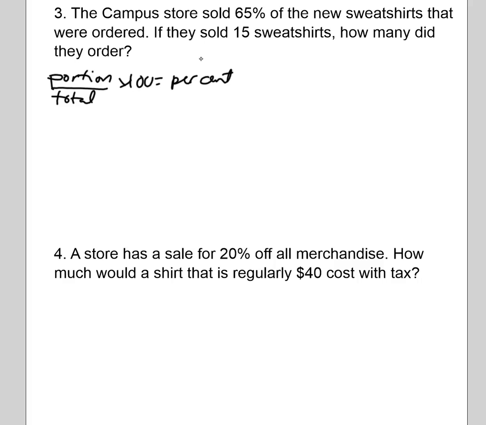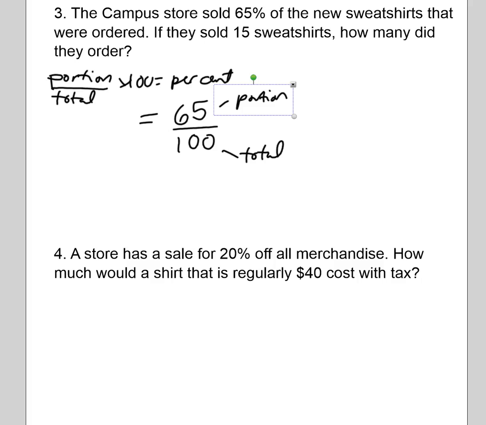So this part here, we can actually bring the 100 over, and another way of writing that would be 65 out of 100. There's your portion, there's your total. This is your portion that was sold. This is the total that should be sold, because if you sold everything, you would have sold 100%.